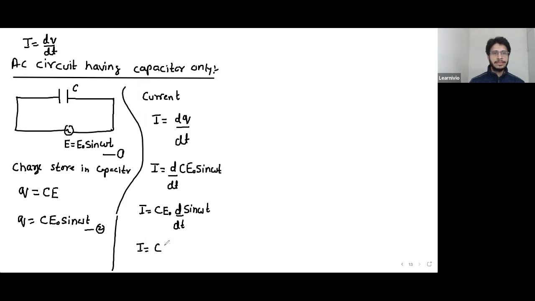When I differentiate sine omega t, this will be omega into cos omega t. The derivative of sine omega t is omega cos omega t. So this is the expression of current: I is omega C E naught cos omega t.